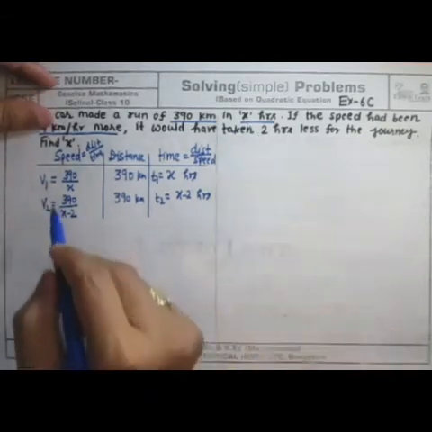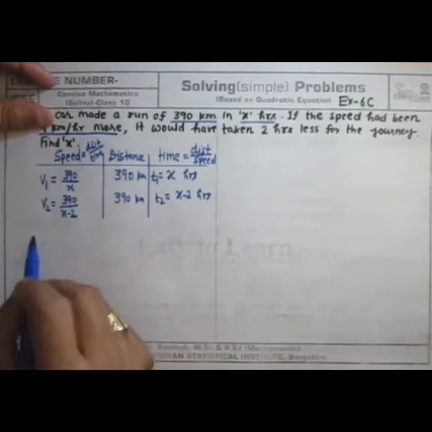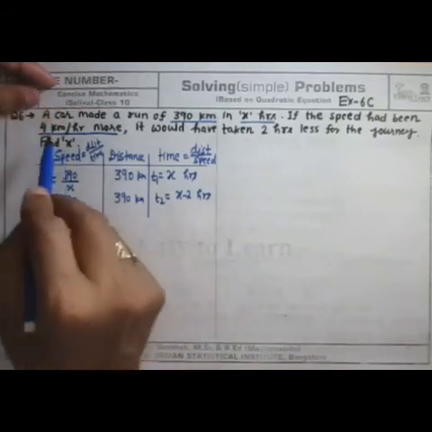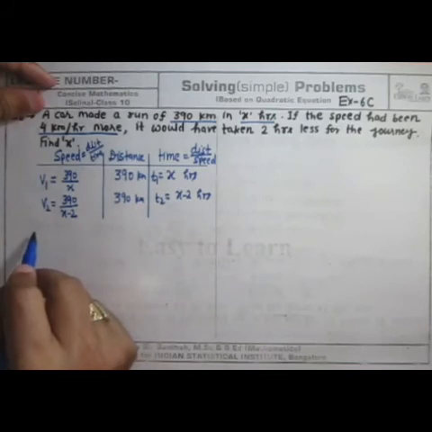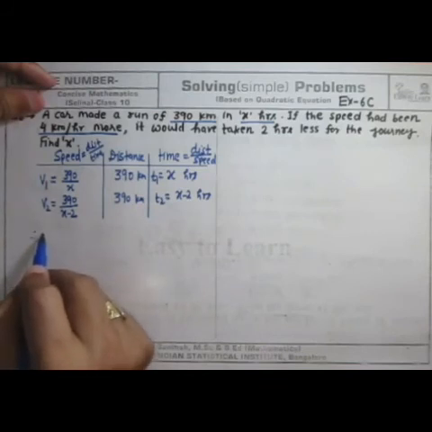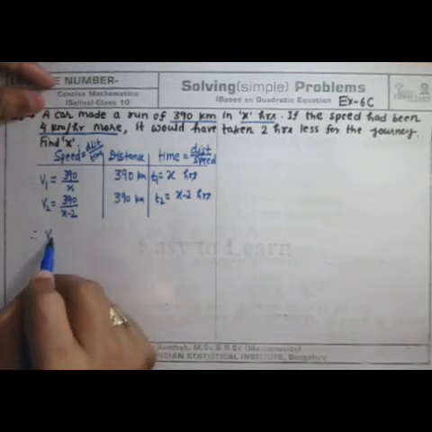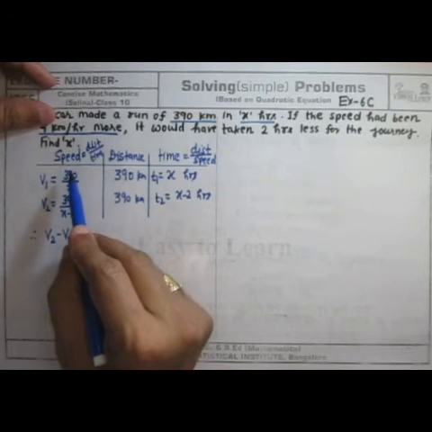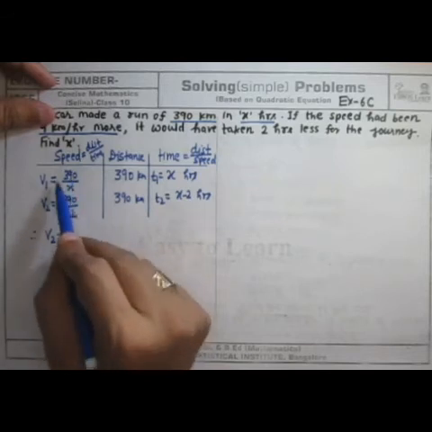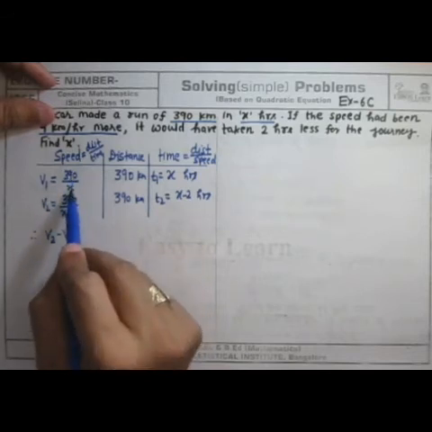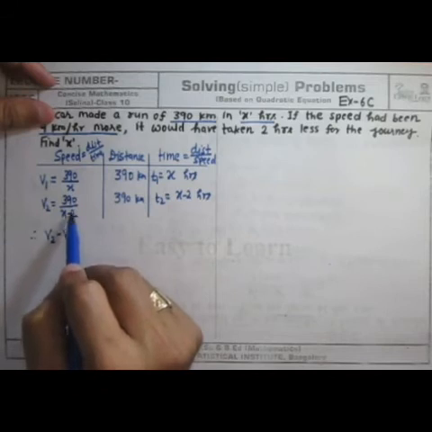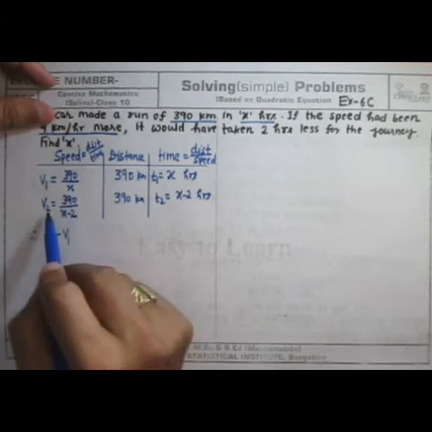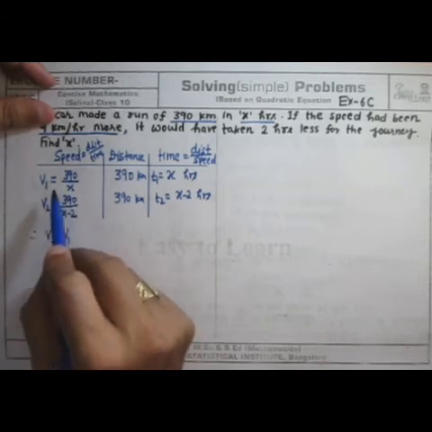So this one. Now the difference between these two speeds is given as 4 km per hour. So we can write V2 minus V1, because this is the bigger speed and this is the smaller speed. Here the denominator is x and here the denominator is x minus 2. So of course if the denominator is less, then the value of the fraction will be more. So V2 is greater and V1 is smaller.